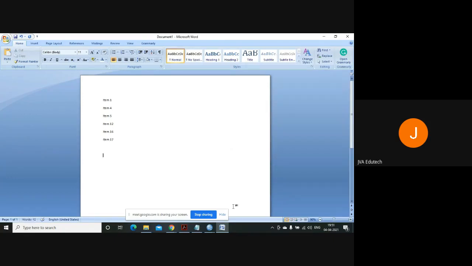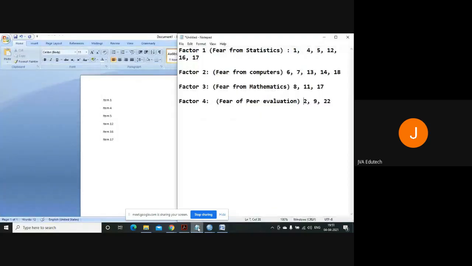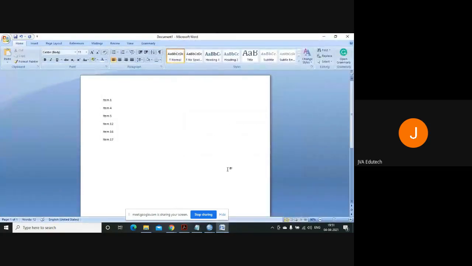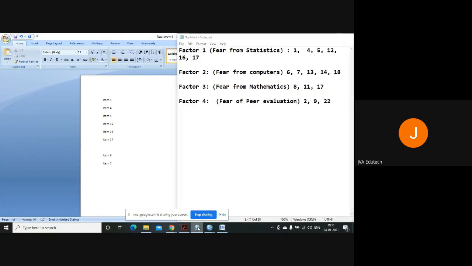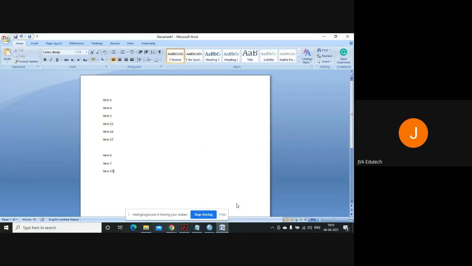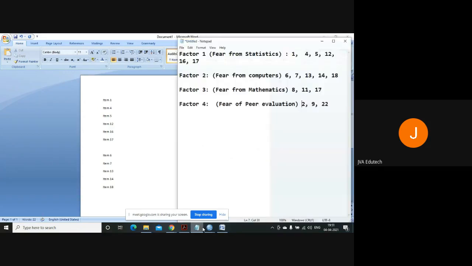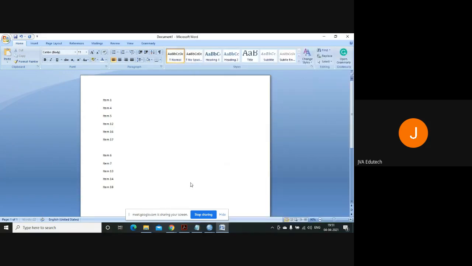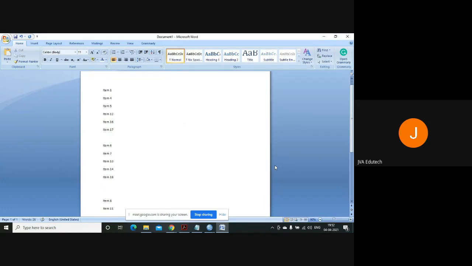Then we had a second set of items: item 6, item 7, item 13, item 14, item 15. Then we have item 8, item 11.